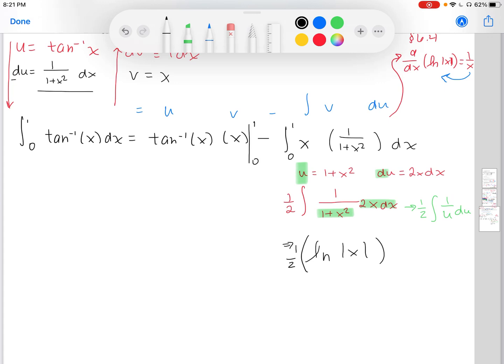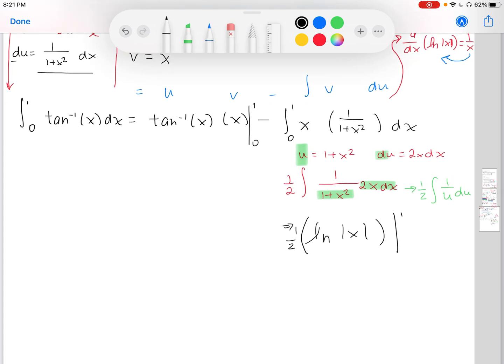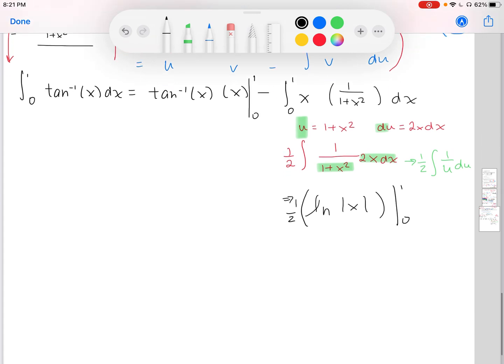We integrated with our bounds being 1 and 0. So let's put that all together. It's equal to tangent inverse of x times x. I'll put the x in the front.